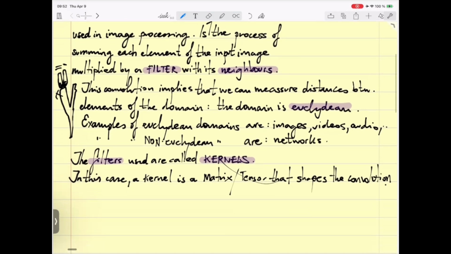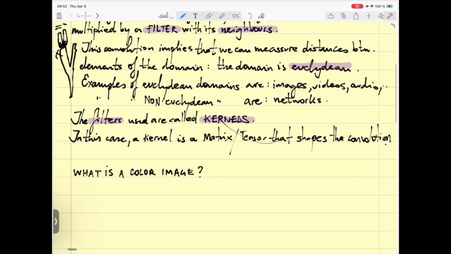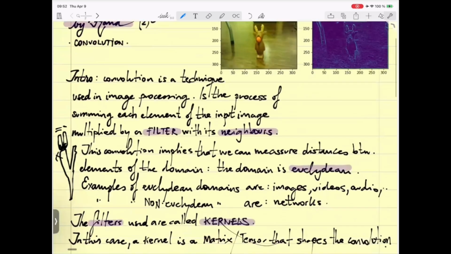All right, but before we jump into that, let's explain what a color image is. Okay, so what is a color image? Let's try to understand that.